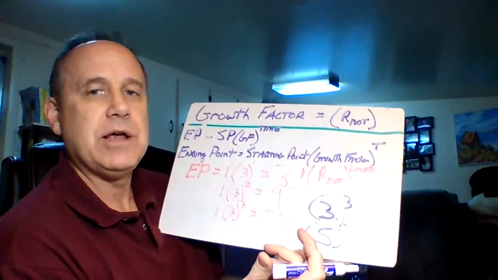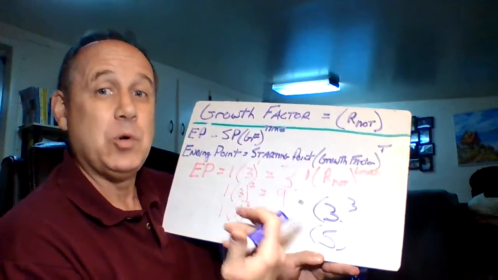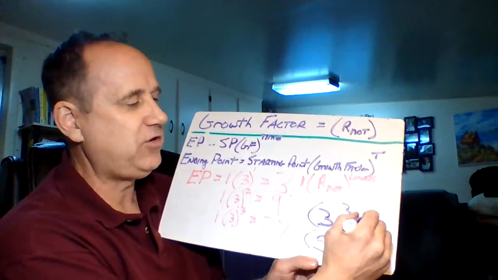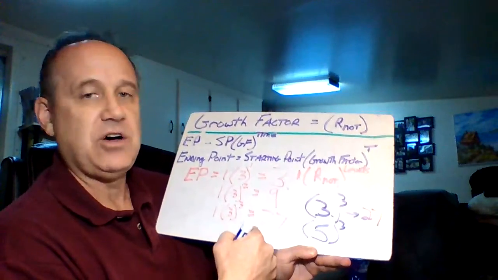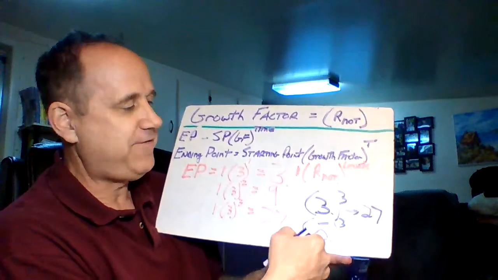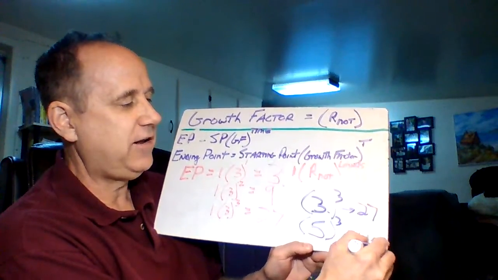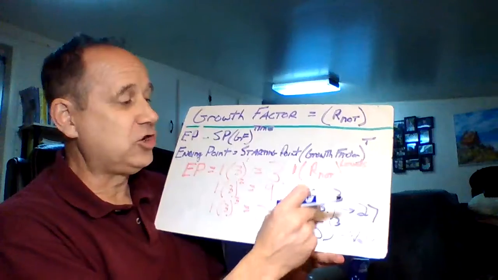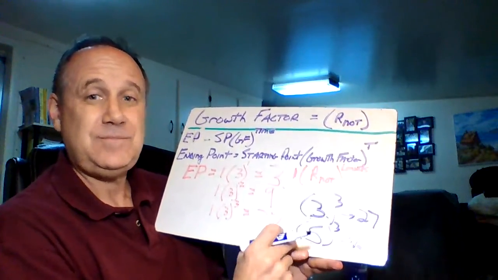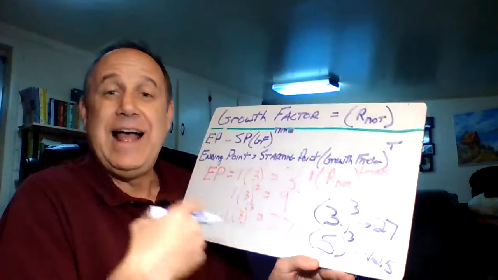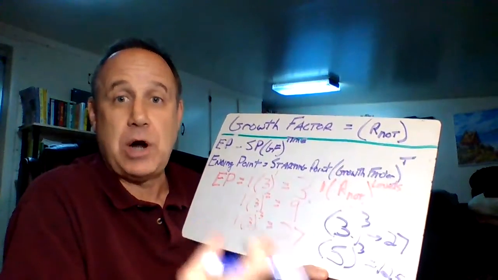Which number is going to be bigger? The number with the largest growth factor. So 3 to the third power would be 27, as we saw over here. 5 to the third power is 125. So your growth factor is a main important piece of how much something is going to grow.